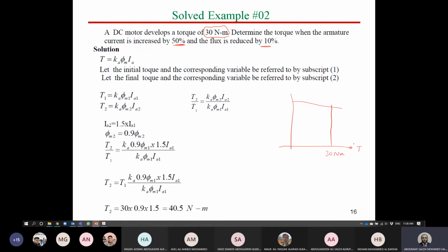This is torque, and this is here speed, and this is the no load speed. This is considered as your operating point. Now the question said, if the armature current, or find the torque value, sorry, it's not constant load torque, شباب. It said the motor developed a torque of 30, it's not constant load torque.